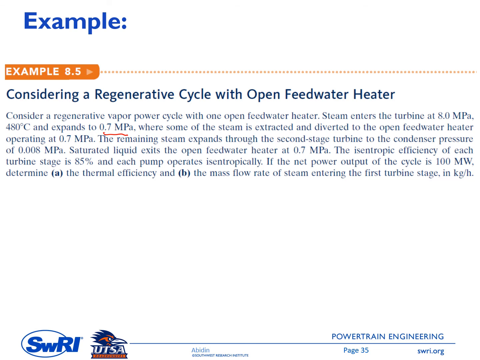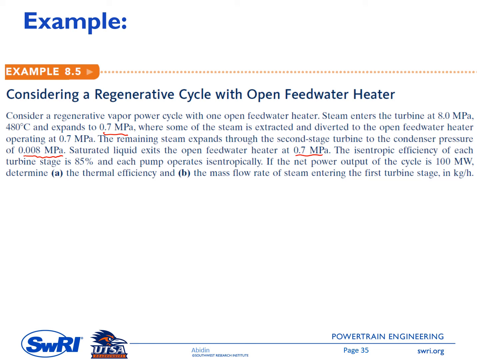Okay, so the open feed water heater pressure is 0.7 megapascal. The remaining steam expands through the second stage turbine to the condenser pressure of 0.008 megapascal, and then saturated liquid exits the open feed water heater at 0.7 megapascal.